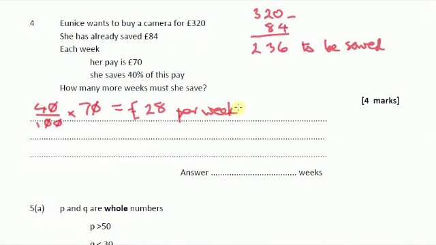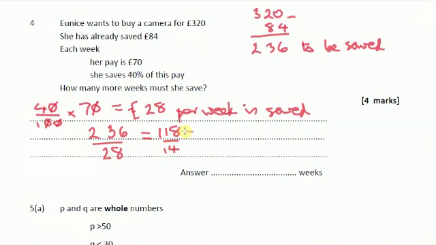So how many weeks will it need to get 236? Well, we'll just see how many 28s are there in 236. 236 divided by 28. We don't have a calculator, so I have to do it by hand. I can divide by 2, I get 118 over 14.